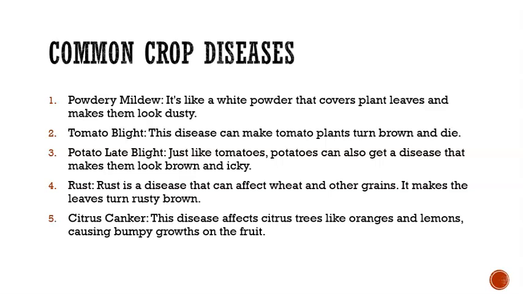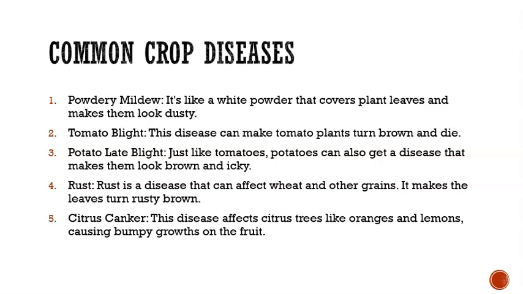So these are common crop diseases. Scientists and farmers work hard to keep crops healthy, just like doctors keep us healthy when we are sick. Farmers also try their best to overcome these common diseases.